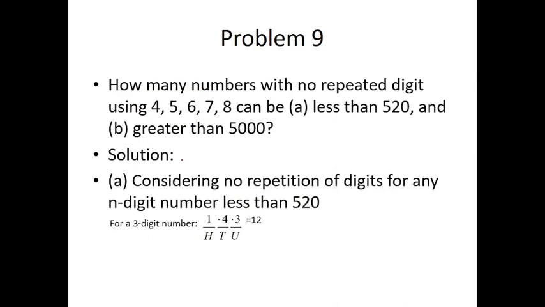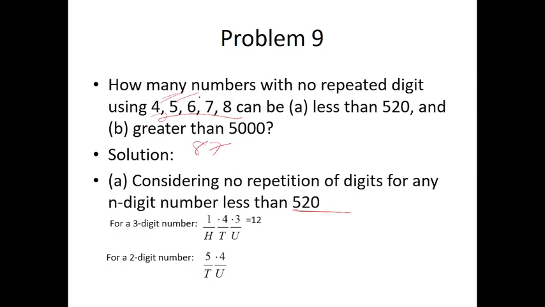Kasi, masasabi rin natin na ang 2-digit number less than 520, hindi lang 3-digit number. So, for a 2-digit number, kahit alin dyan sa 5, pwede, kasi ang pinaka mataas dyan ay 87, which is less than 520.